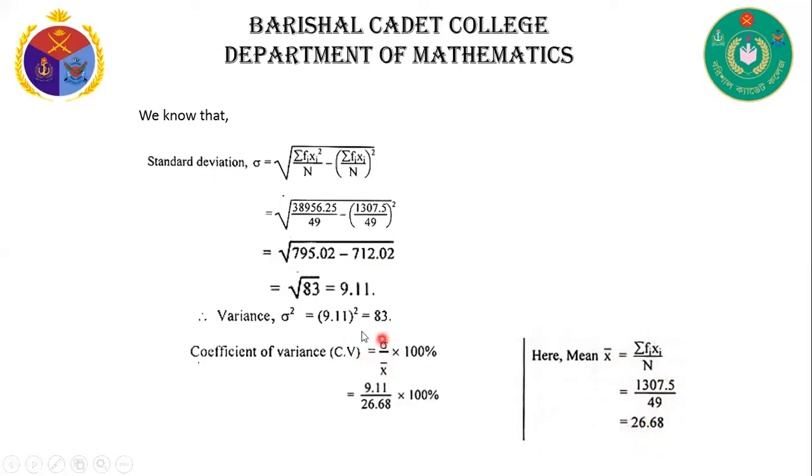Now sigma is equal to 9.11 and x bar is equal to 26.68, into 100%, that means 34.15%. This is our required coefficient of variance. If we square the standard deviation, it becomes variance. And if we divide the standard deviation by the mean into 100%, it becomes the coefficient of variance. This is our formula.